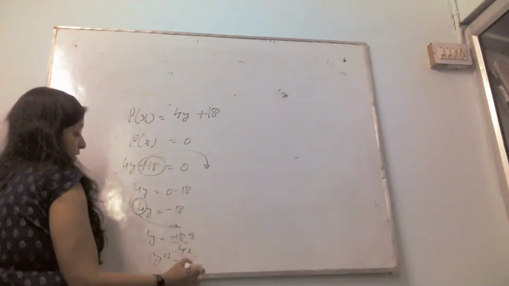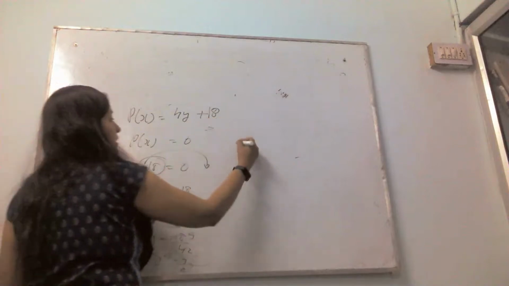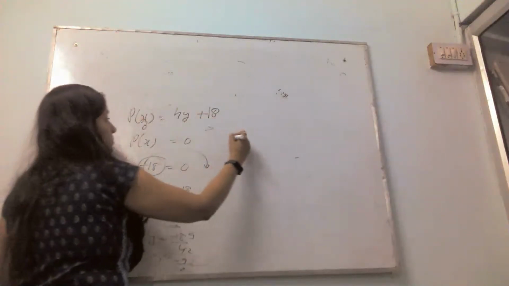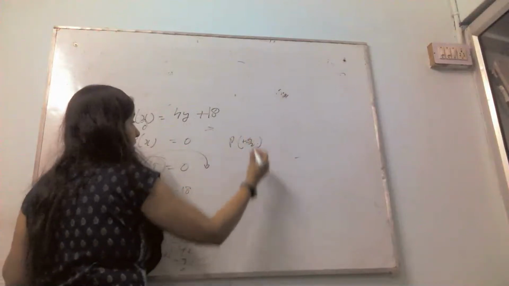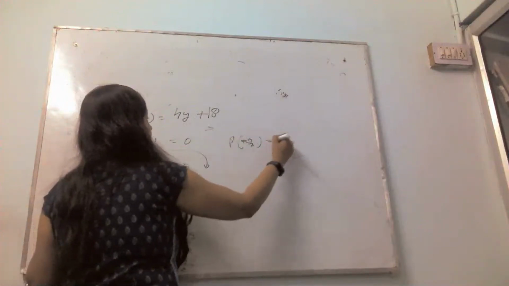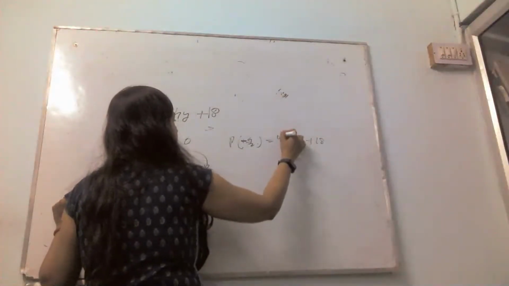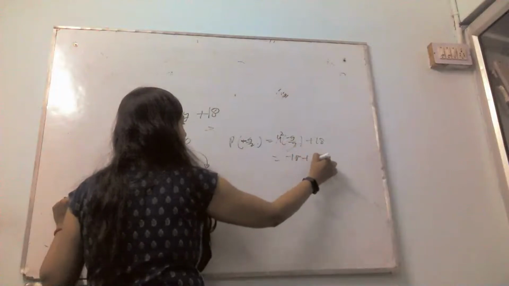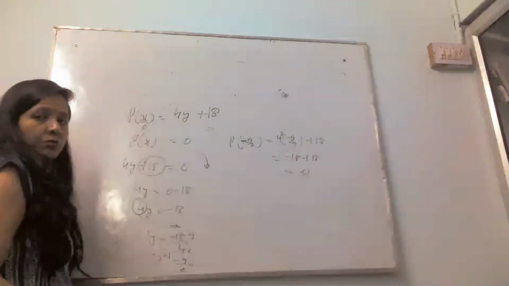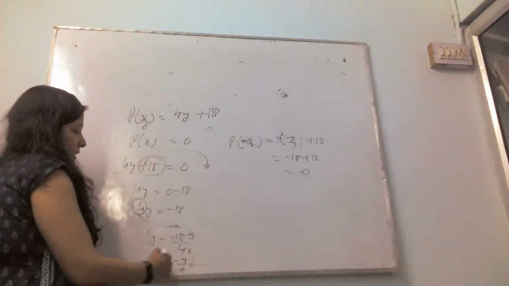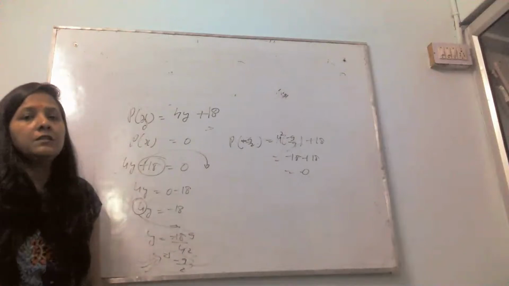Again we check whether we get the right answer: 4 times minus 9 by 2 plus 18, minus 18 plus 18, that is 0. So y equals minus 9 by 2 is the zero of the polynomial.